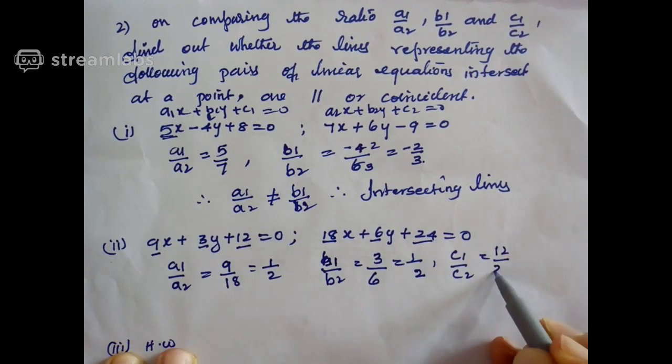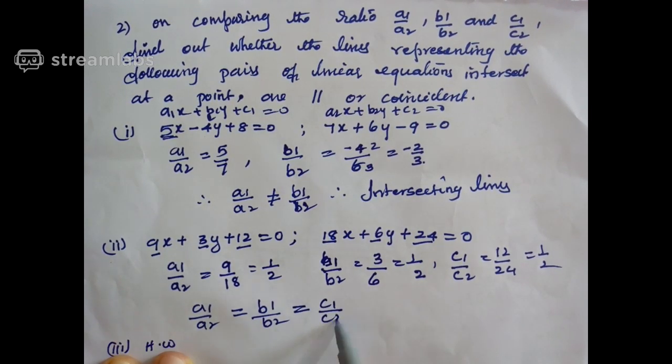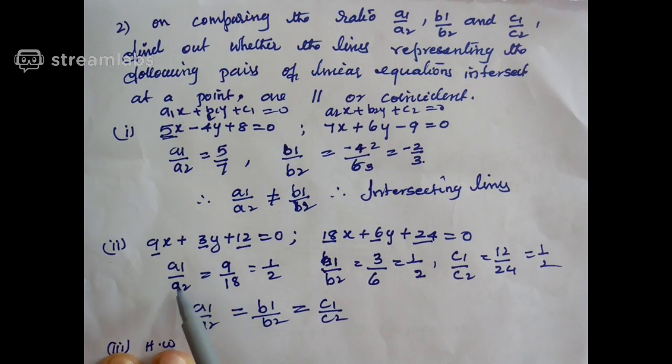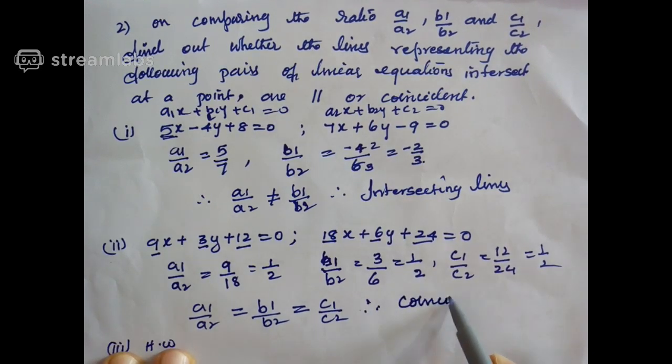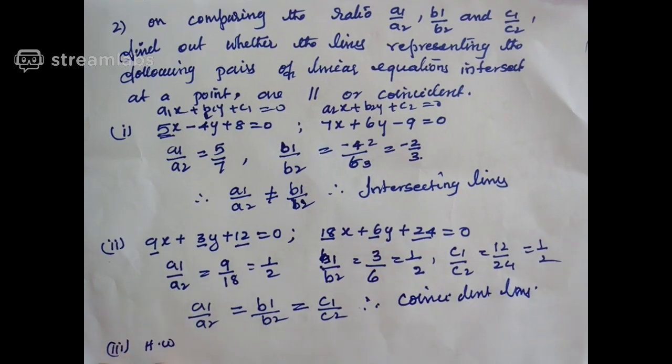C2 is what? 24. That is also half. From this we can conclude A1 by A2 is equal to B1 by B2 is equal to C1 by C2, isn't it? They are all equal to half. Therefore, what is this line? Coincident lines. Take down this.